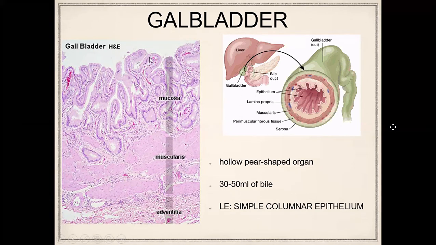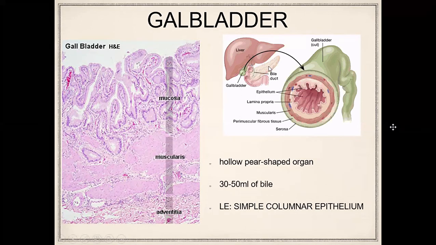That is your gallbladder. It is found behind the right liver, inferior to the liver.